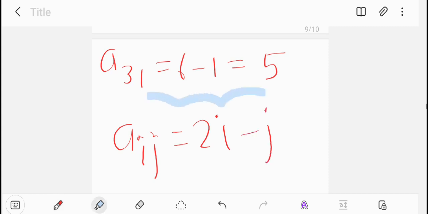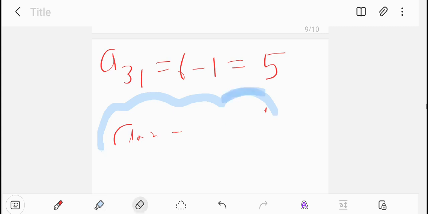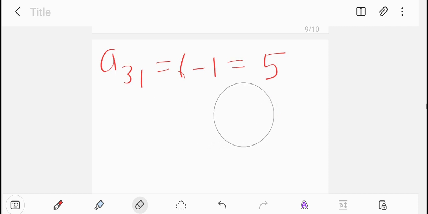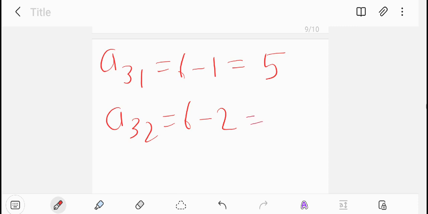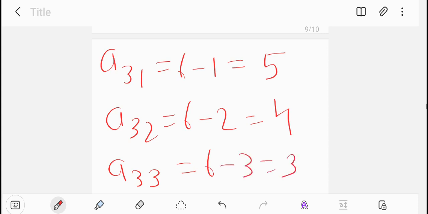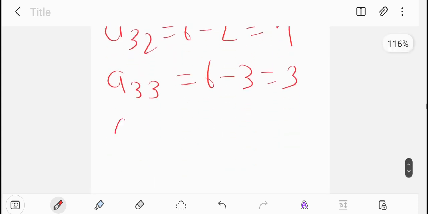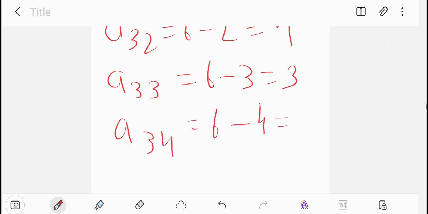Using this formula only, I have to substitute i and j and then find the value. So A32 is 6 minus 2, which is 4. A33 is 6 minus 3, which is 3. Last, A34 is 6 minus 4, which is 2.